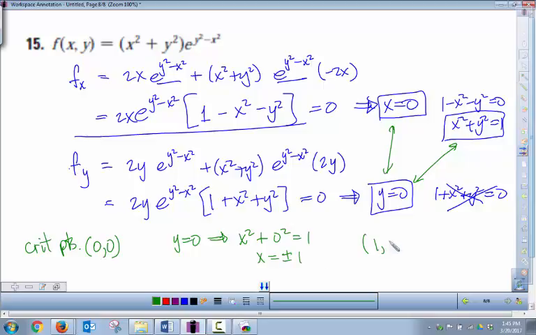X is equal to 1, y is equal to 0. X is equal to negative 1, y is equal to 0. So now we have 3 critical points.